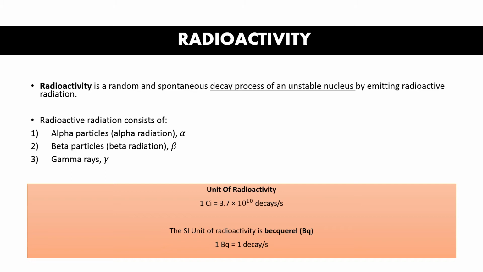The rate of unstable nuclei decay, or activity in nuclei decay, is measured in Curie. 1 Curie is 3.7 times 10 to the power of 10 decays per second. The SI unit of radioactivity is becquerel. 1 becquerel equals 1 decay per second.